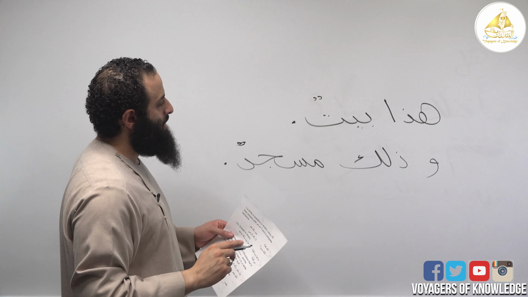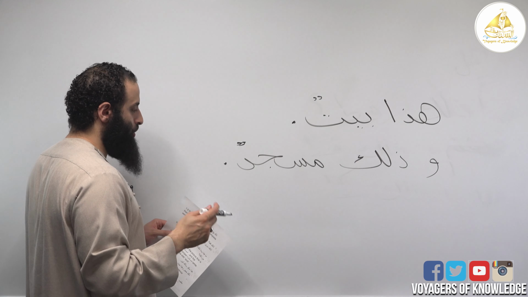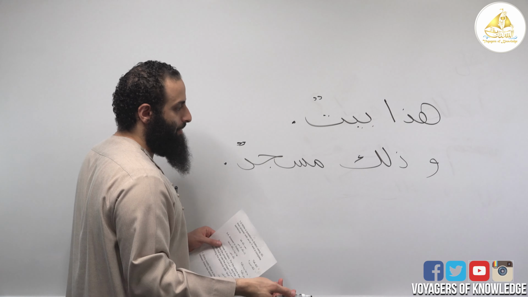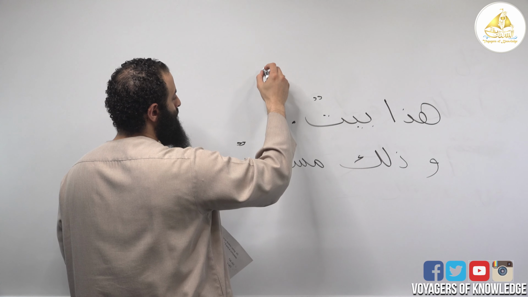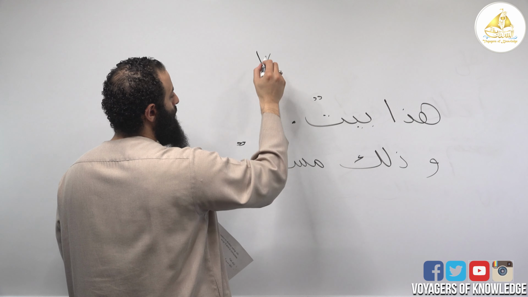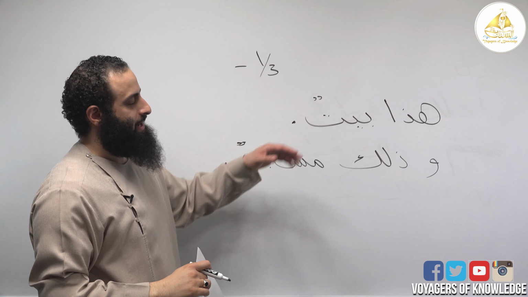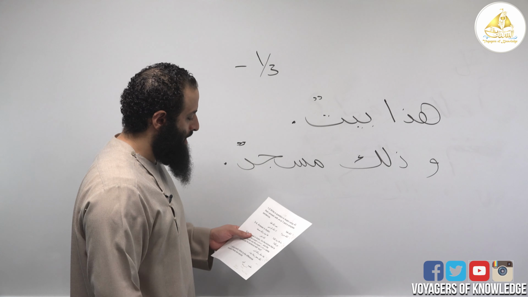The harakat, I'm not grading you for them yet, but if you did place them, this is what you have. If you did place them and got them wrong, typically you would lose 1/3 of a point. You would lose 1/3 of a point if you got your harakat wrong. This is the grading system that I have.